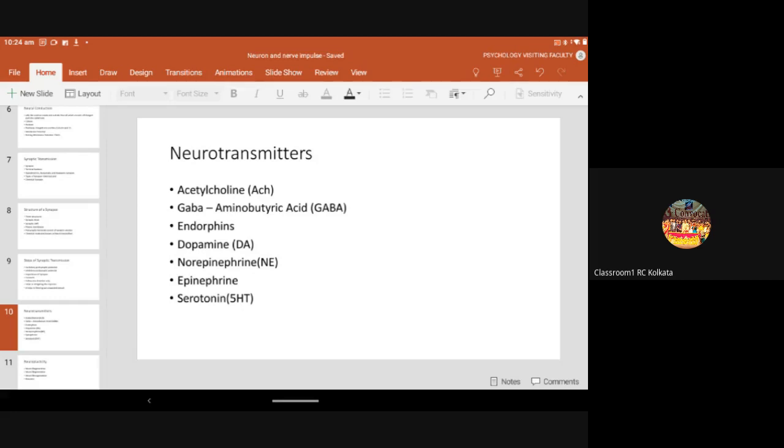Now, there are 100 or more neurotransmitter substances present, and they may be mainly classified into three classes, like the small molecule neurotransmitters. It contains the amino acid, the monoamines, and the acetylcholine. So these are the main three substances that are present in the neurotransmitters.